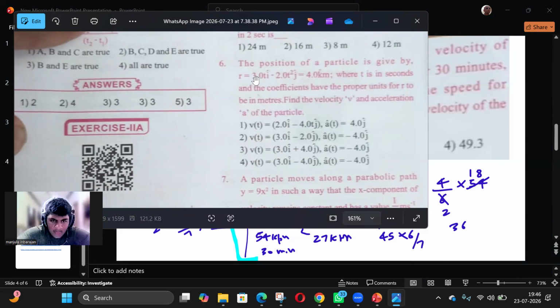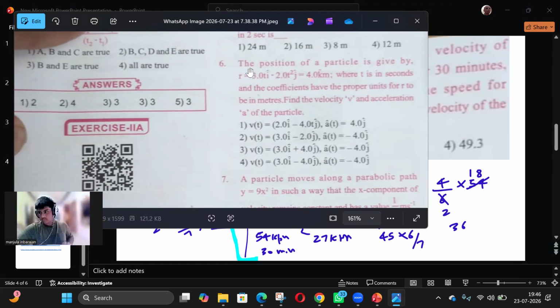Straight question, just differentiate this one. If I differentiate twice, it will become 0. So y component is not there, so k component is not there, so it does not matter, plus or minus. If I differentiate once, I'll get 3. So option 1 is gone. And then if I differentiate again, only the j component will come. So the acceleration is -4.